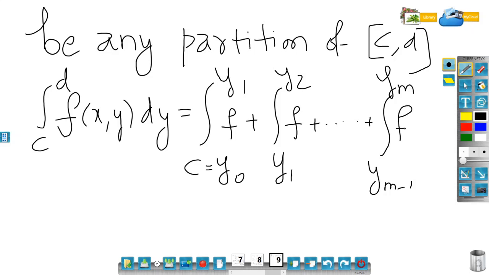Of course, f with dy is there; f is a function of x comma y along with dy, which I am not writing. I am being compact, which means I will avoid writing more notation.